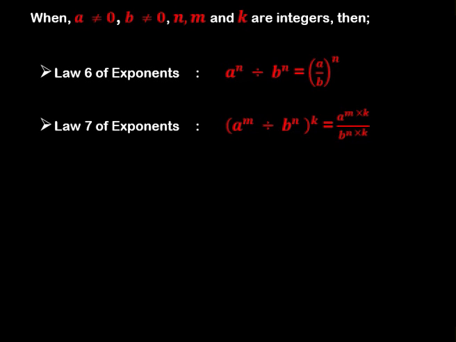When a is not equal to 0, b is not equal to 0, and n, m, and k are integers, then we come up with law 6 of exponents, such that a to the power of n divided by b to the power of n, we get a divided by b into the power of n.